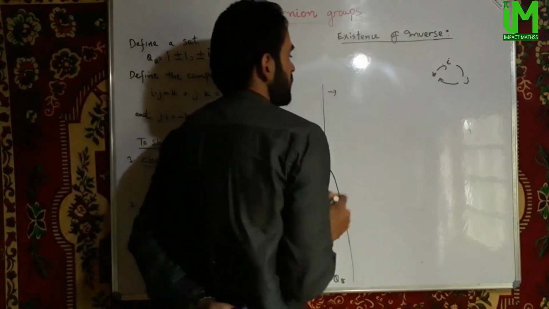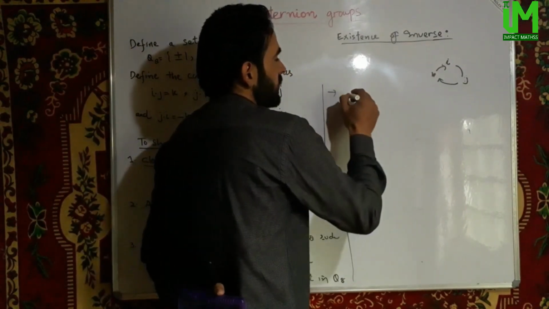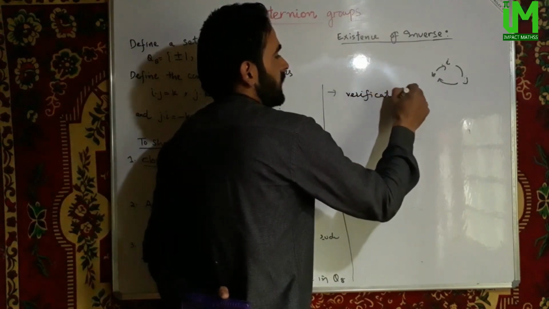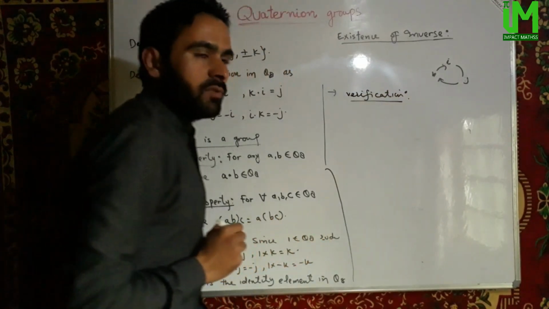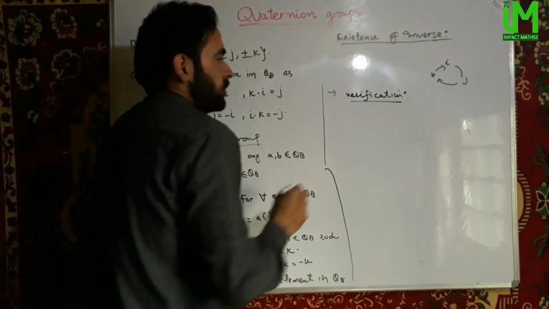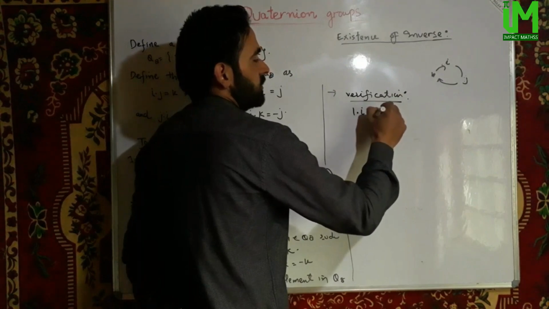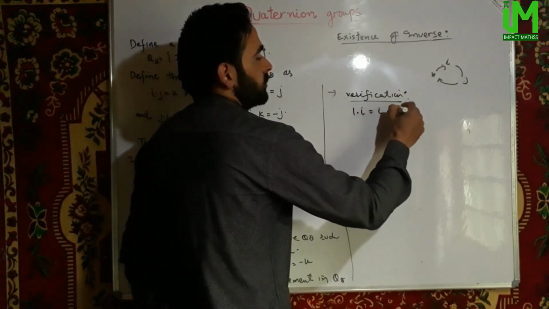As we are dealing with few elements, we can write the verification here. If we take 1 into i, what will be 1 into i? It will be i, which is clearly in Q8.